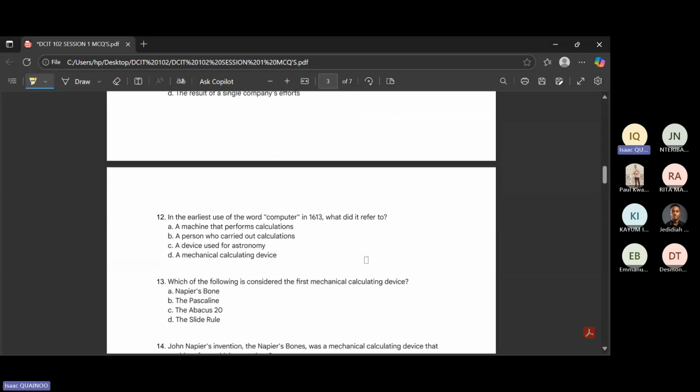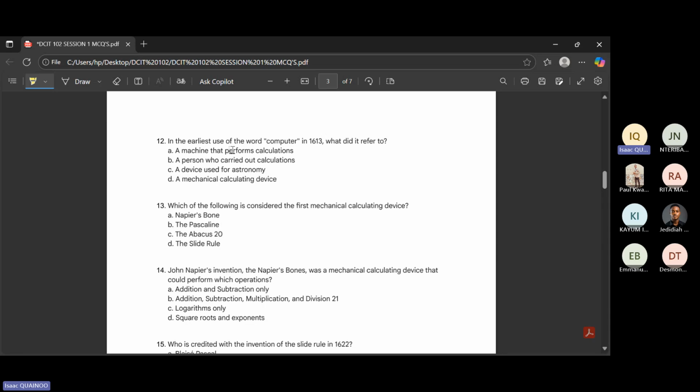So let's go to question 12. In the earliest use of the word computer in 1613, what did it refer to? What did a computer refer to? Mr. Nteriba. I think a person who carries out calculations.